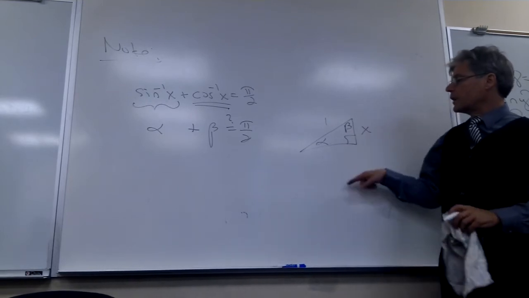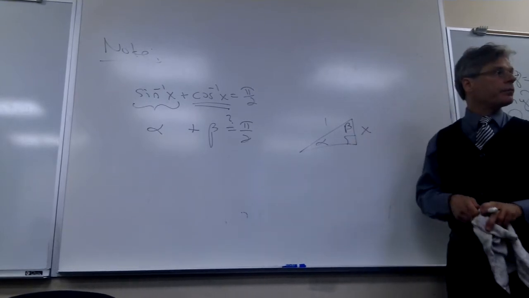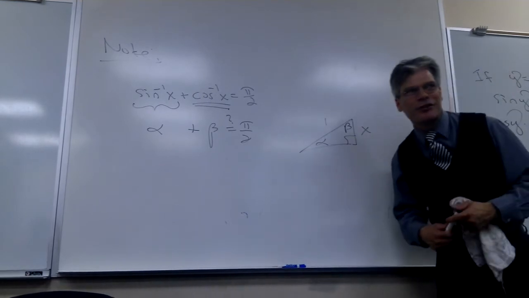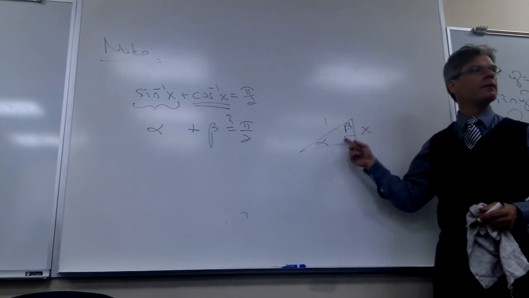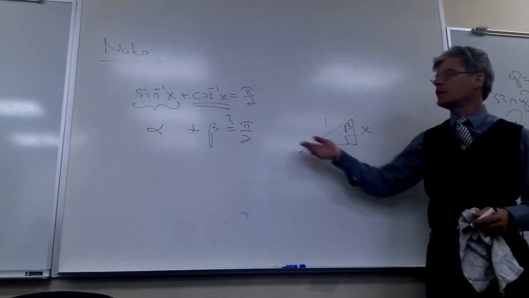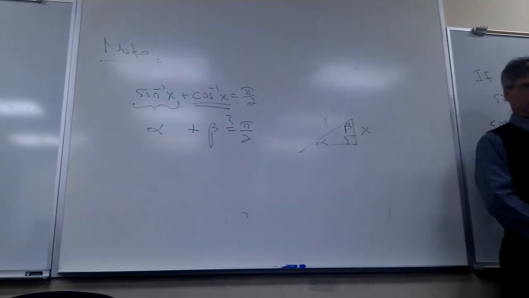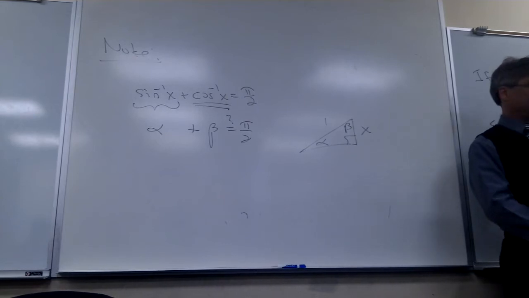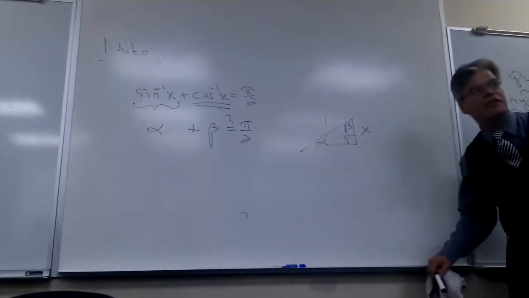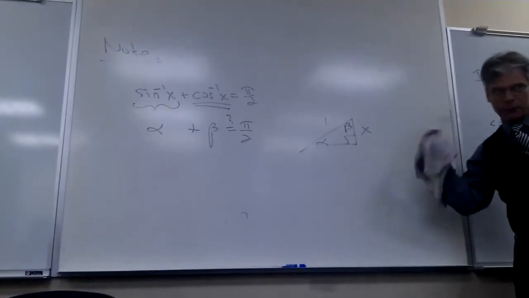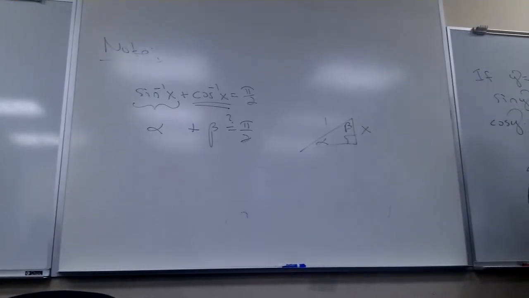And this is a right triangle, so 90 degrees is being used up. Assuming we're in a Euclidean plane, what must the sum of these two angles be? Pi halves. Oh, that's exactly what this says. Isn't it? Of course, if we're not in a Euclidean plane, it's different, but let's just imagine we're in a Euclidean plane.